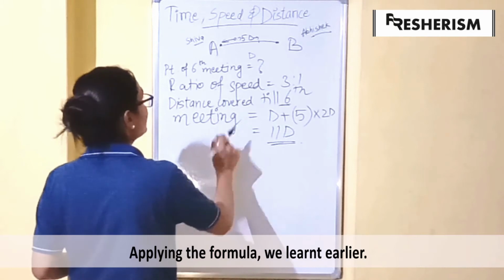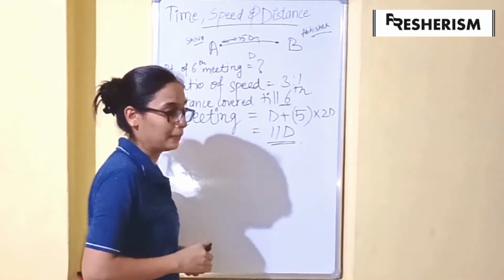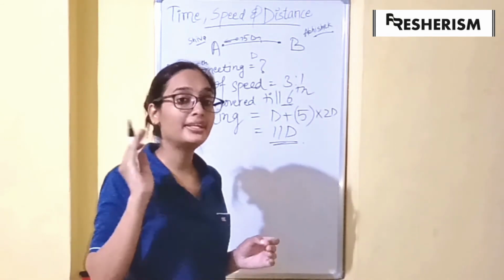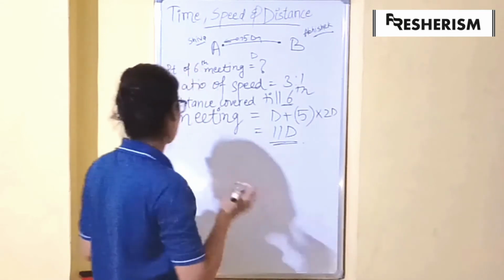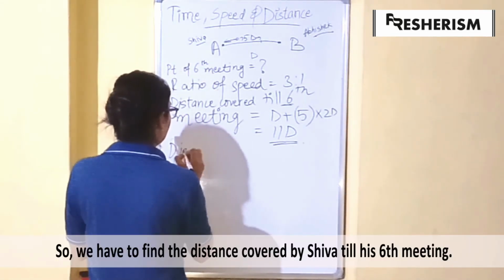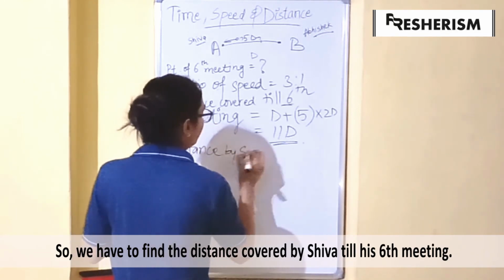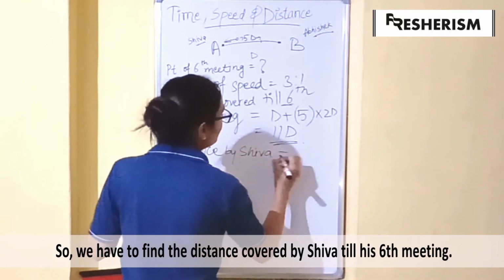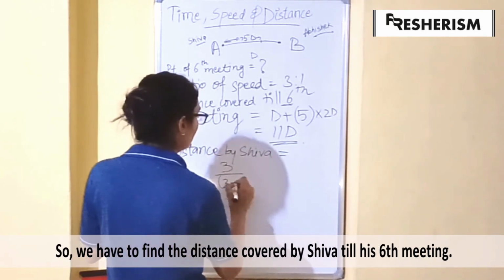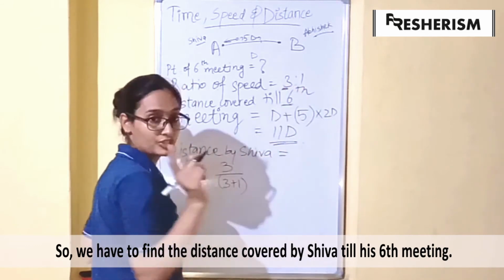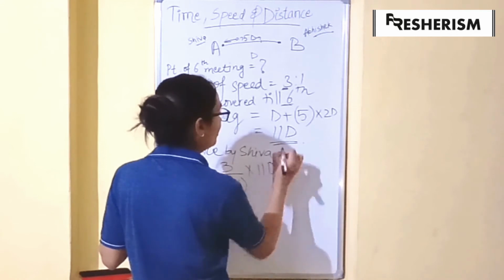Now, how much distance did Shiva cover up to their sixth meeting? So now we have to find out the distance covered by Shiva till he meets Abhishek for the sixth time. So distance covered by Shiva will be equal to 3 divided by 3 plus 1. 3 is the ratio for Shiva, and this is the total ratio, multiplied by the total distance covered by them together.